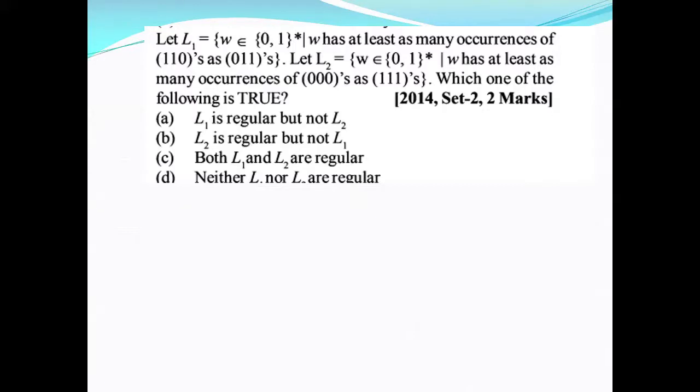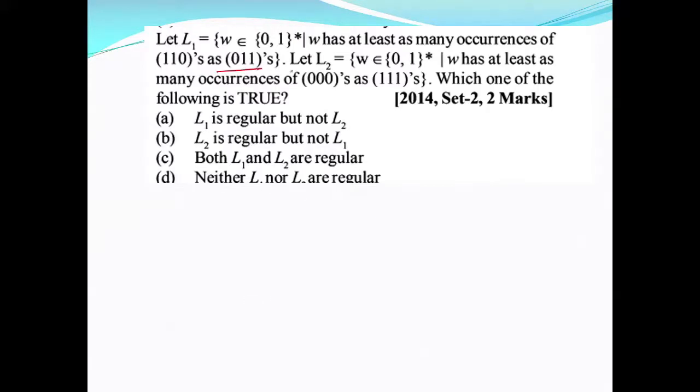If you look at the languages L1 and L2, to check whether a string belongs to L1 or not, you need to count. Because it needs at least as many occurrences of 110s as 011s. So you need to count 011s, and the occurrences of 110 should be greater than or equal to that number of occurrences.